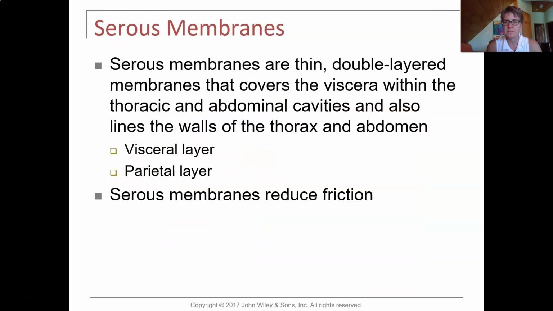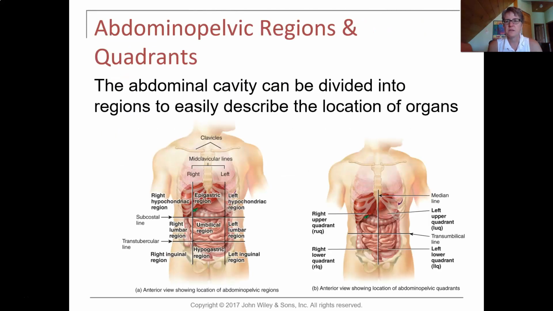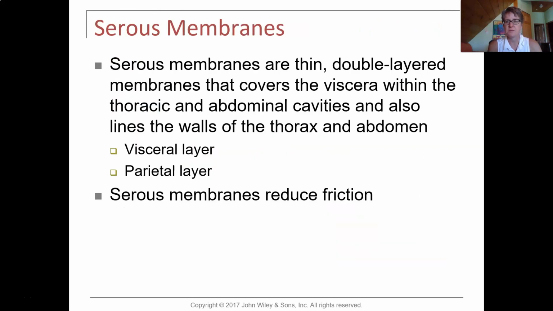in the pelvic cavity. Now, is it only serous membranes? Okay, I guess it's just serous membranes. We're going to learn about different membranes in the body, but right now we're learning about serous membranes, and serous membranes are in enclosed body cavities. So within the thoracic and abdominal body cavities, they're enclosed.